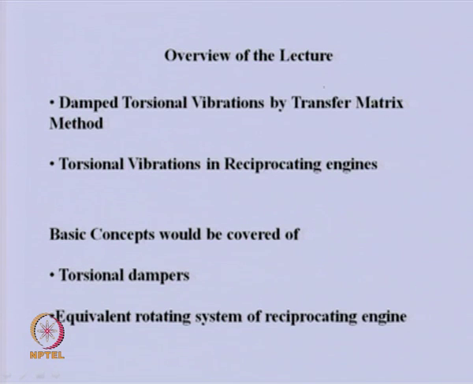We will also see torsional vibration in reciprocating engines. Some of the basic concepts we will cover are the torsional damper and the equivalent rotating system of reciprocating engines. These are the things we will try to cover in the present lecture.